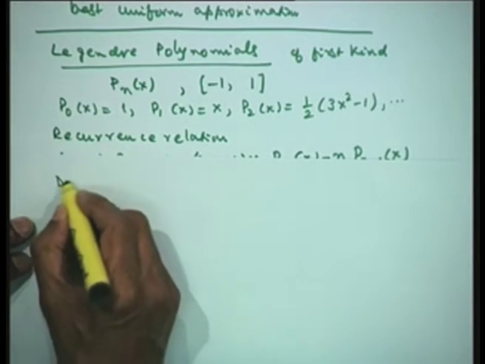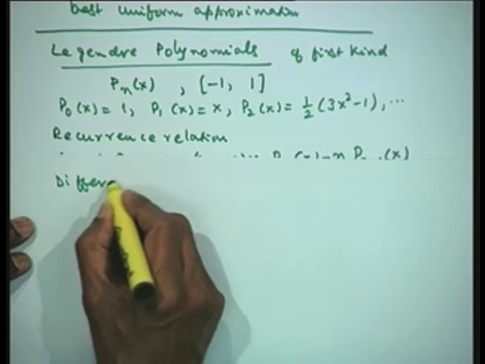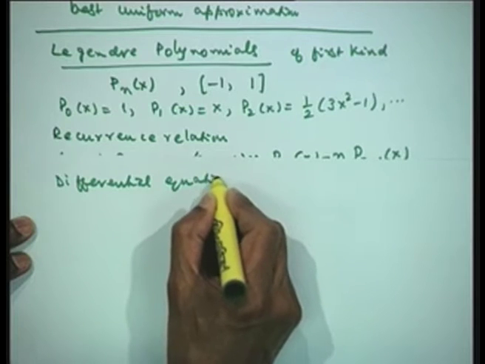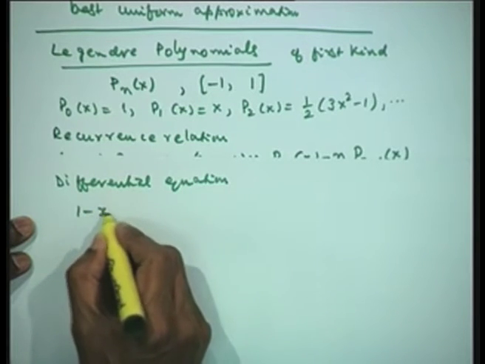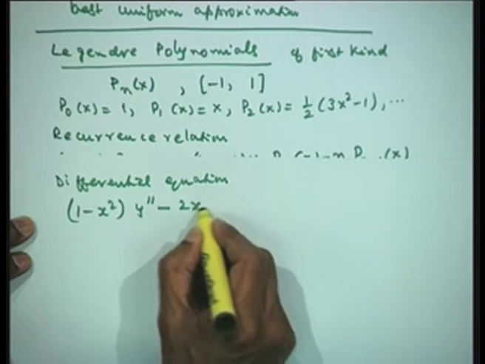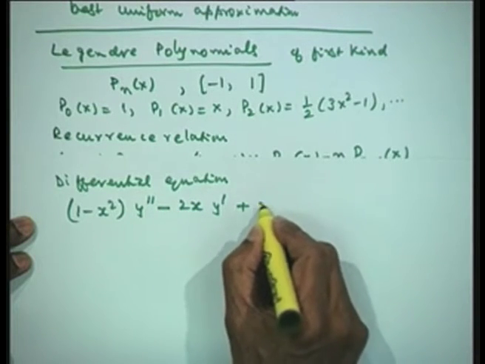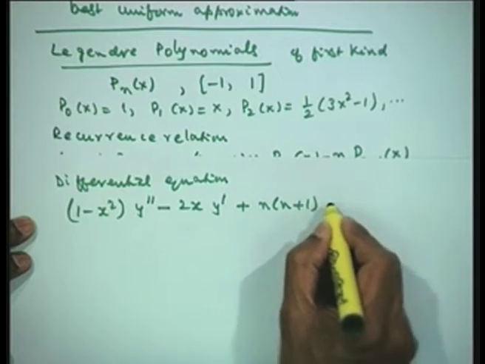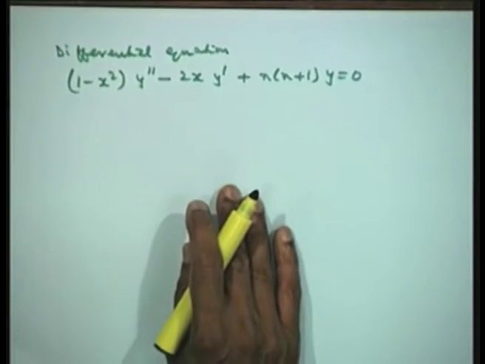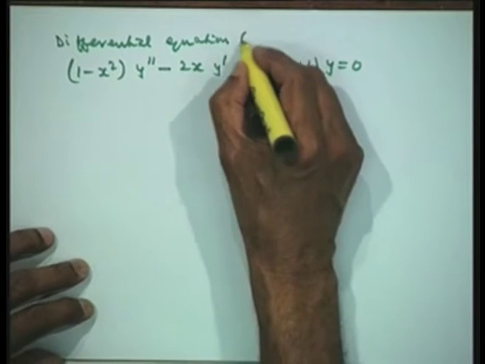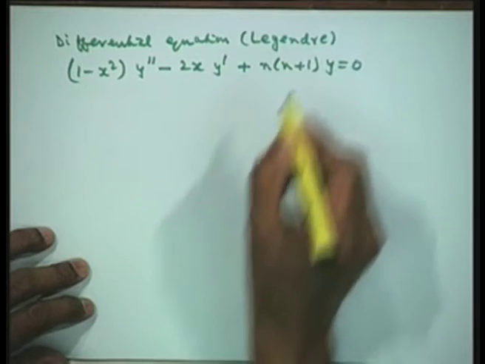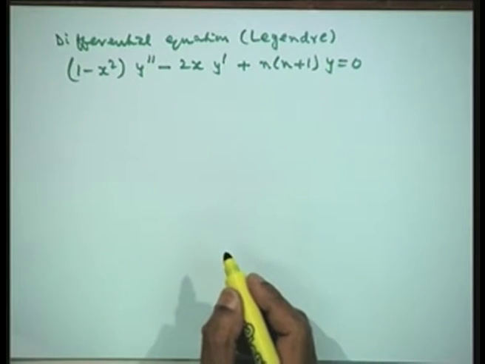Now, the differential equation governing this is this. 1 minus x squared y double dashed minus 2 x y dashed plus n into n plus 1 of y is equal to 0. This is called the Legendre differential equation.